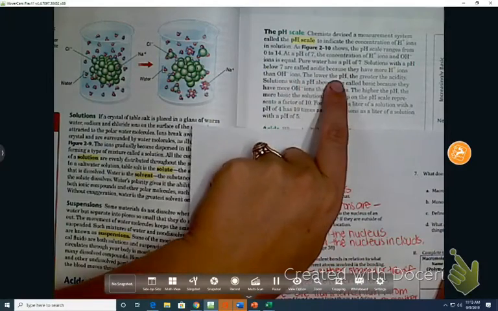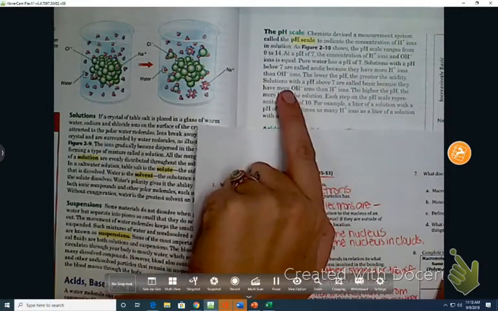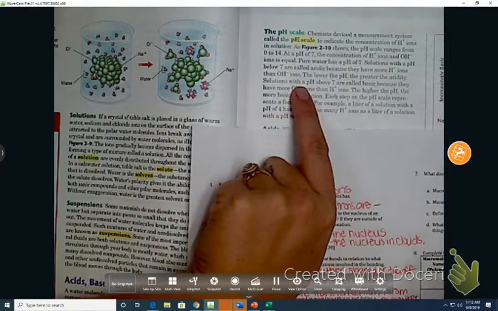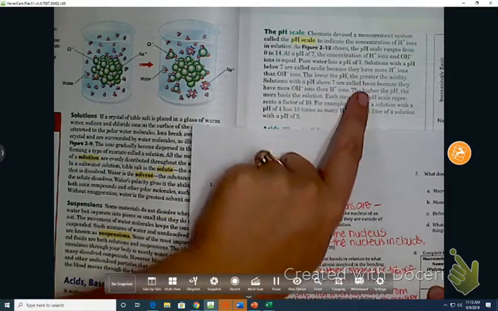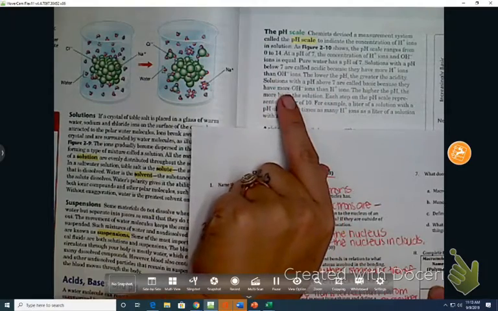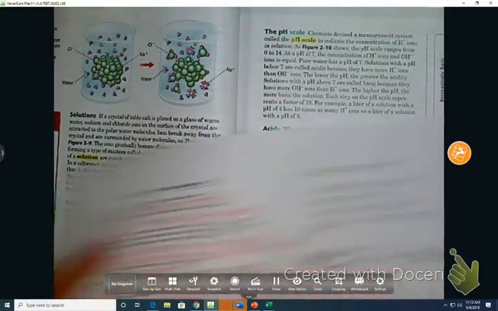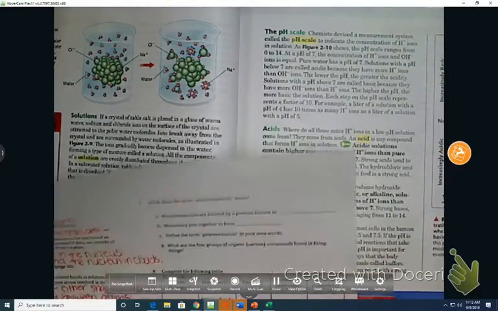The lower the pH, the greater the acidity of the solution. Solutions with a pH of above 7 are called basic because they have more hydroxide or OH ions than H ions. Okay, and then we see a picture of it right here.